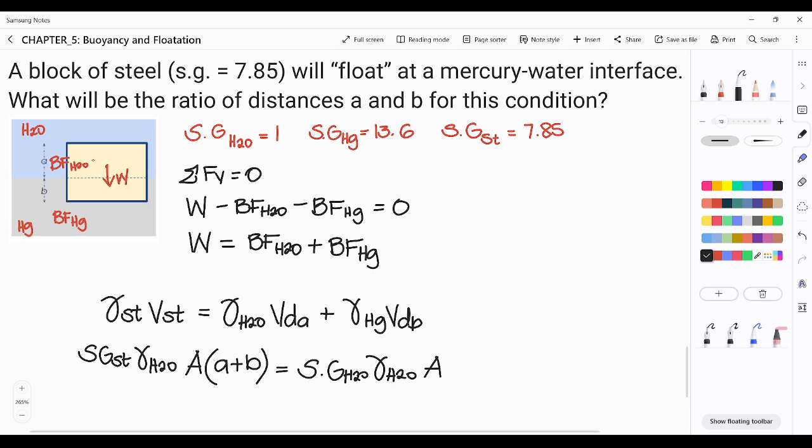So, yung nakasubmerged na part sa H2O is yung A. And for the mercury naman, that is specific gravity of mercury times gamma of water and the volume displaced, the area times the draft sa mercury, which is B. So, this will be times B.